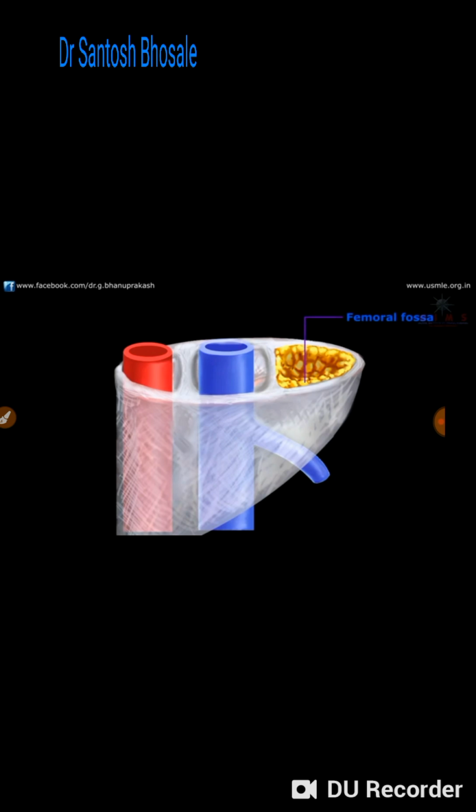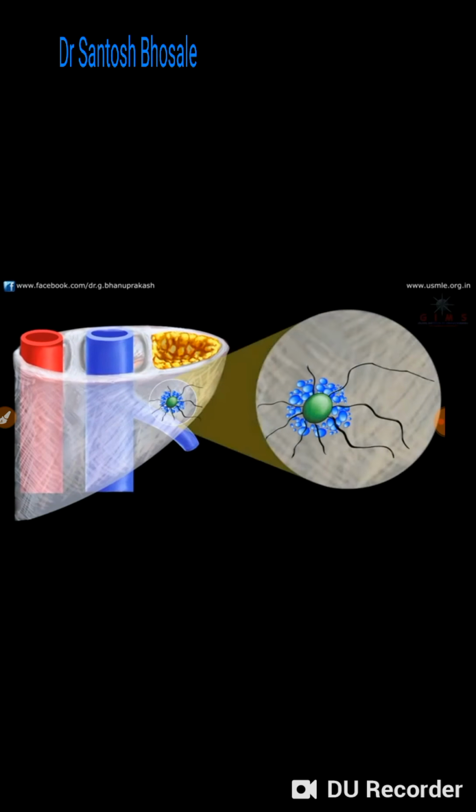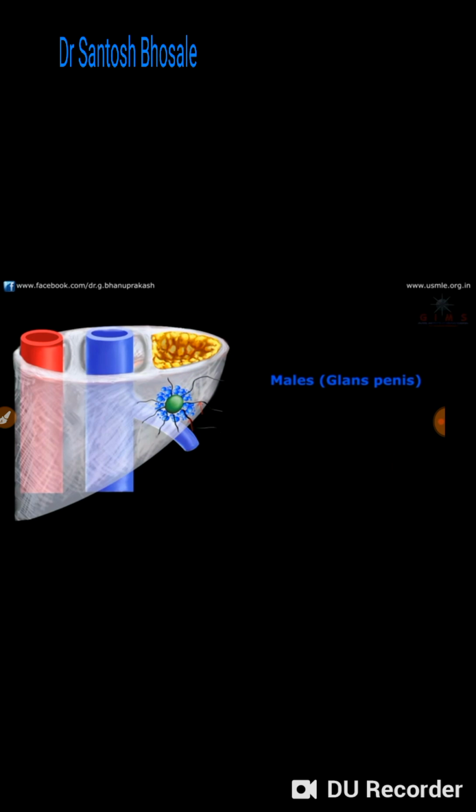So this is about the femoral sheath, and that is the femoral fossa, the lymph node of Cloquet. You can see that is the content of the femoral canal. You can see it drains the glans penis in males, clitoris in females.